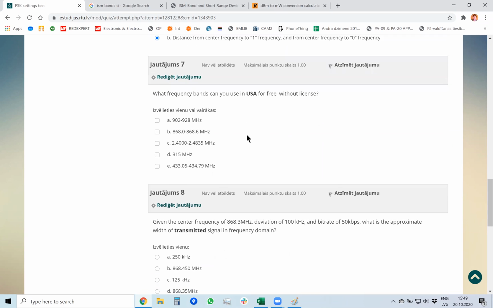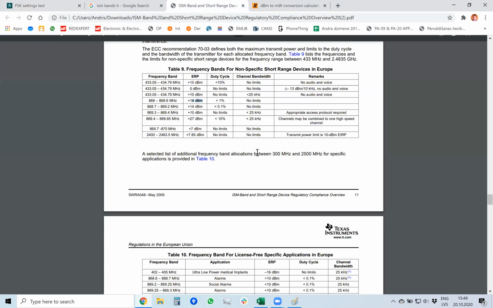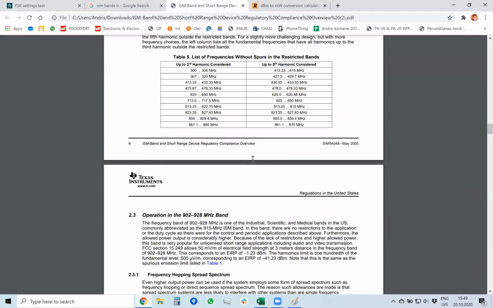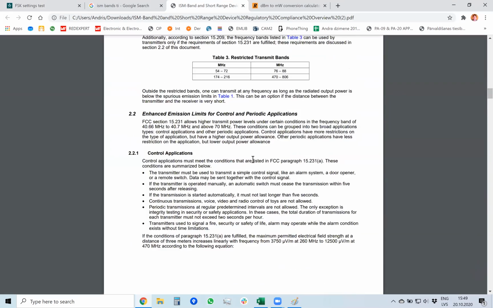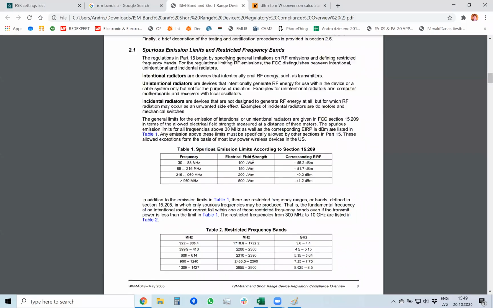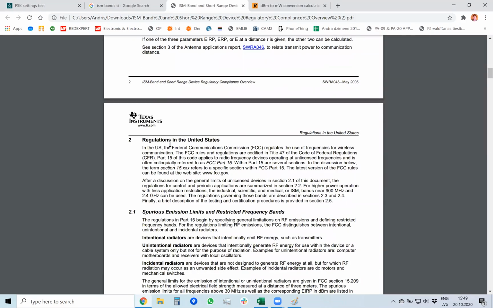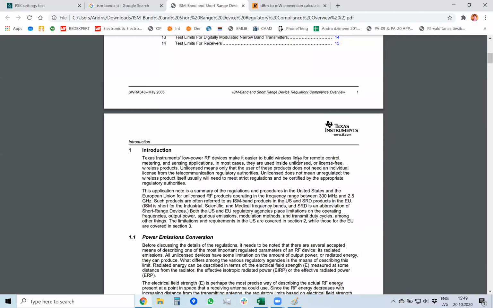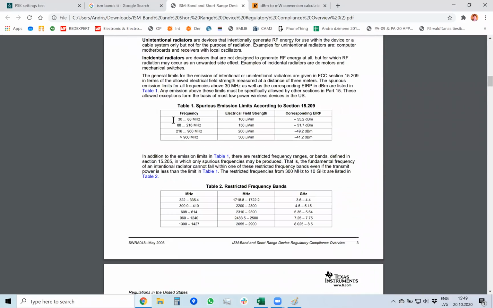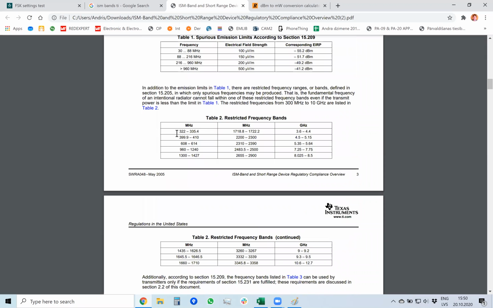What frequency bands can you use in USA for free without license? Again, in this ISM band document, you scroll up to, I don't know, America. It's somewhere here. Regulation in United States. And it says basically some low range, 3, 9.